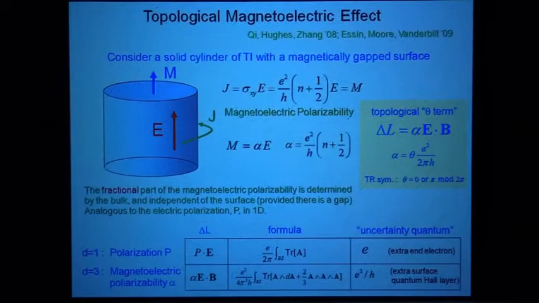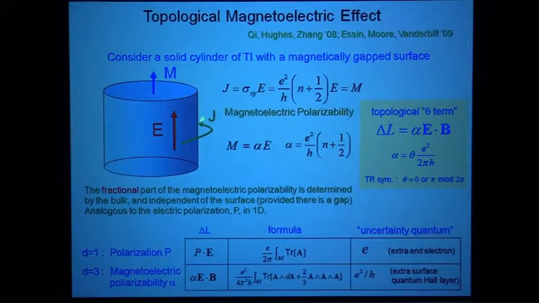Another way that you could think about this, and this is an insight from Qi, Hughes, and Zhang and others, is that you can think of this as a three-dimensional property of the topological insulator. The idea is that it's like a magnetoelectric effect. So what I want you to imagine is a cylinder of topological insulator.